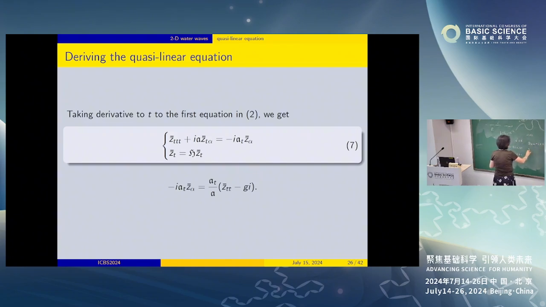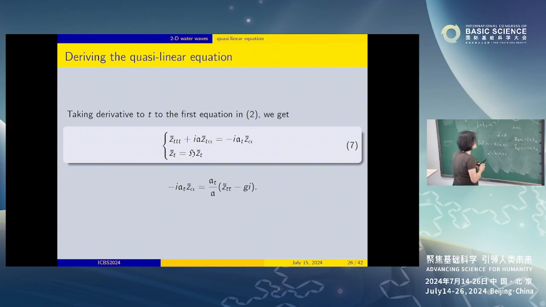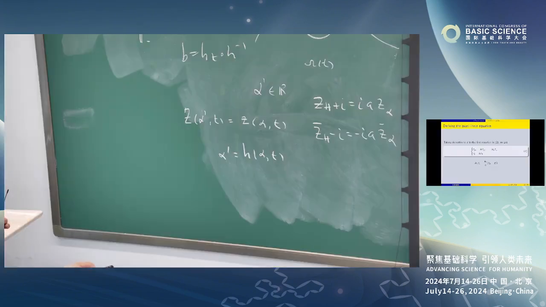If I put a bar on both sides, I get negative iA Z_alpha bar, okay? So if you take one derivative in time, you find that the right-hand side has two terms, right? One term, I keep it on the right. The other term, I move to the left. Because these two terms are higher order terms, this is a lower order term.